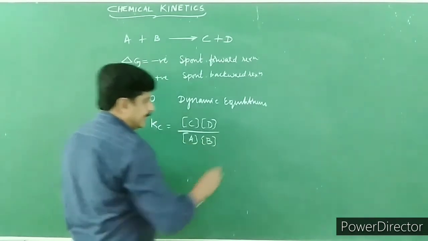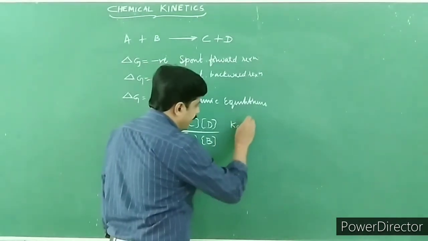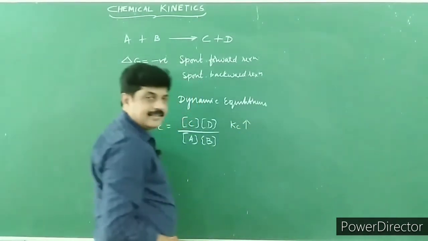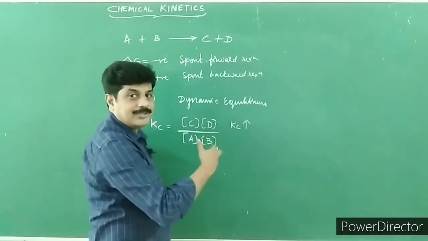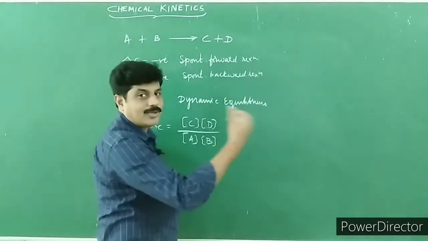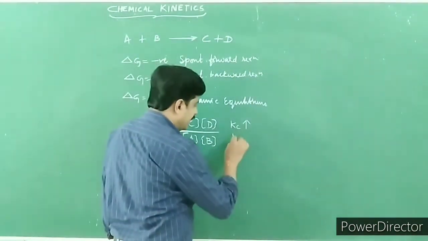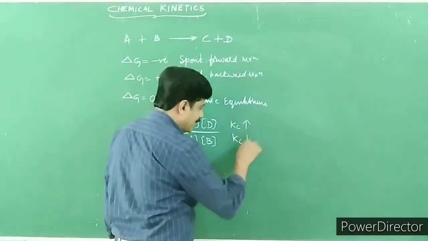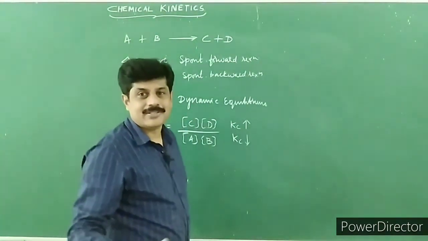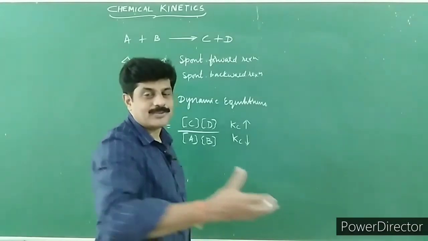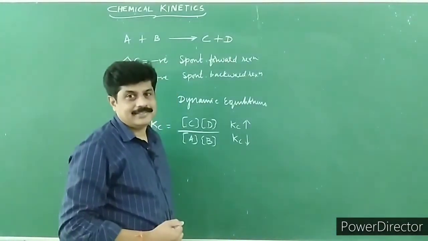Children, if the Kc value is very high, then the equilibrium shifts towards the forward direction. That means you are going to get more amount of product. Now, if the Kc value is smaller, then the equilibrium will shift towards the backward direction and the products will decompose to form the reactant.